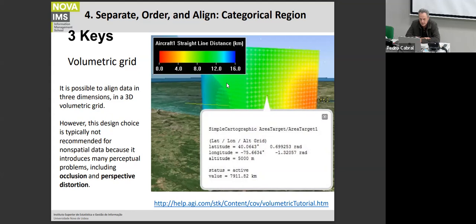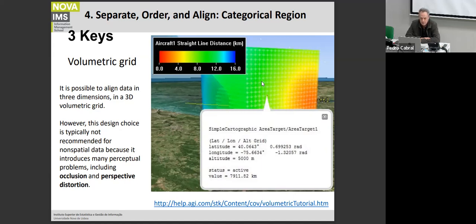You know, pixel means picture multiplied by element, pixel. Okay. Here we have voxels, so we have volumes multiplied by elements. So these are 3D representations of pixels. Okay. If you use GIS, you know what I'm talking about.